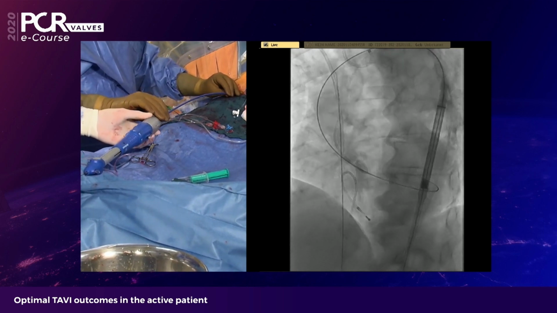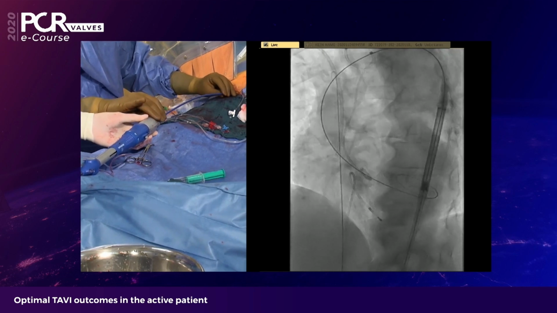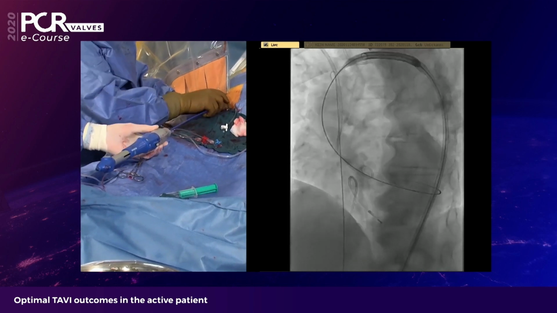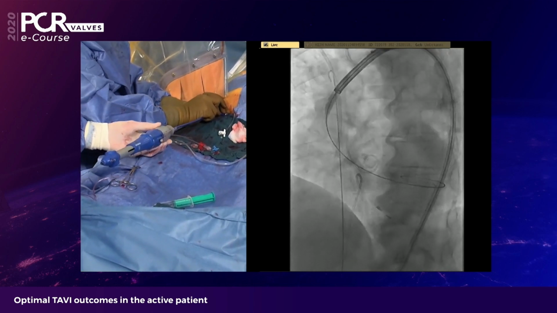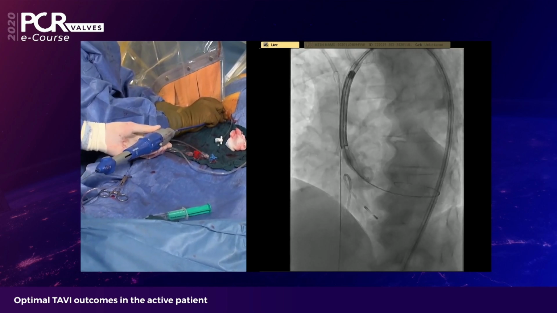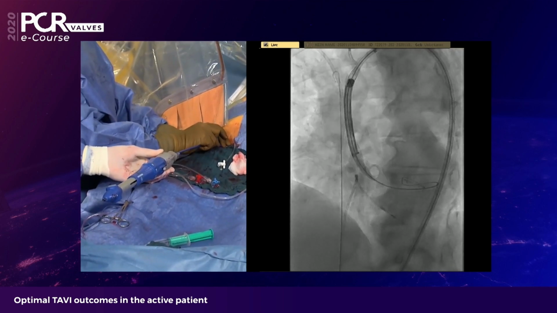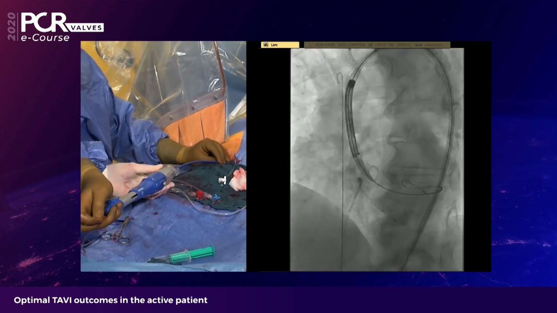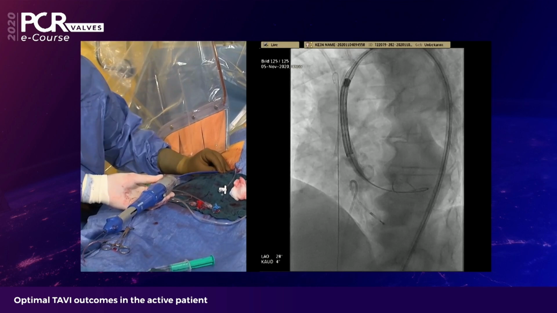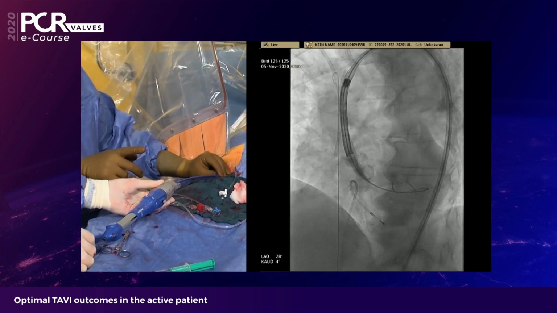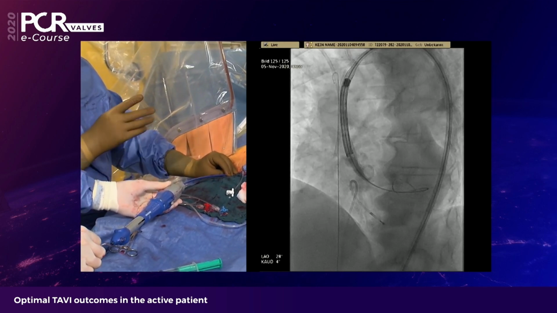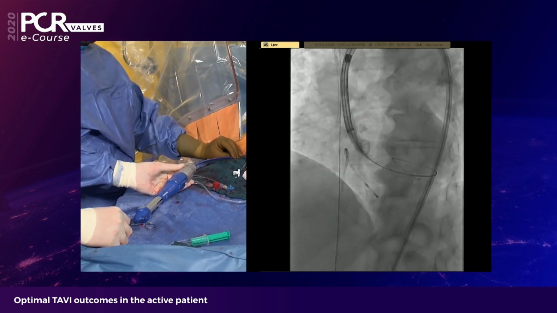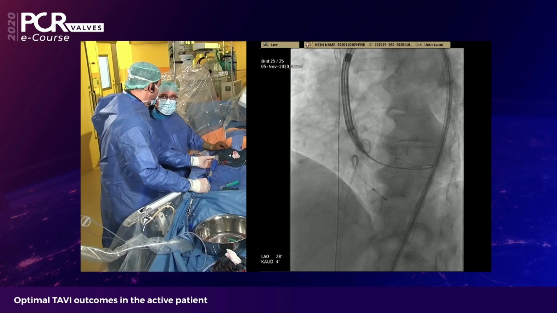We'll remain, despite this fact, at 3 o'clock, cross the arch and see now where we will land. So we can see here that we are coming actually very nicely through the outer curve. So despite that the hat marker was not on the outer curve in the descending aorta, just by maintaining the 3 o'clock position, you usually obtain a very nice position in the ascending aorta, and this is actually what matters.